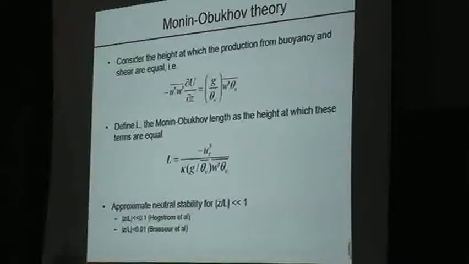So what we're saying here is z on L is much less than 1, or very close to 0, we're saying that L is effectively infinite, so the height at which the buoyancy and the shear effects are equal is a very, very long way from the surface. So all the way from close to the edge of the surface layer down to the wall is shear driven, just as you would see in a controlled wind tunnel experiment.